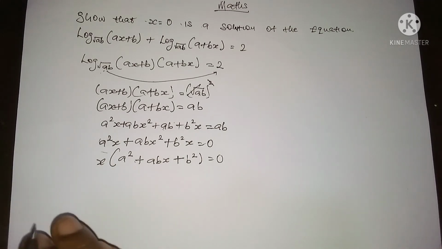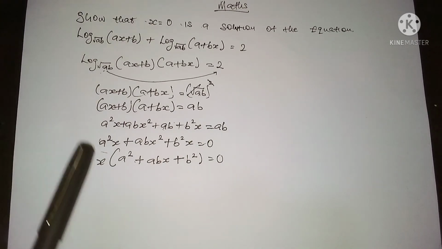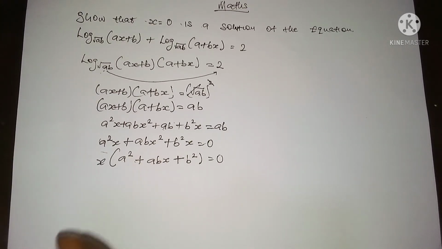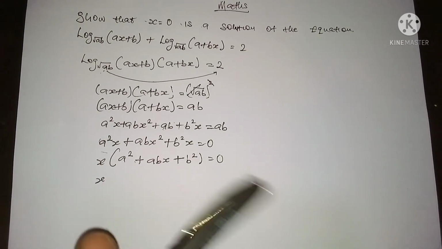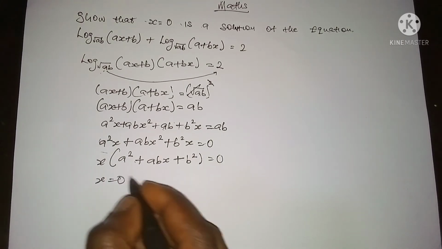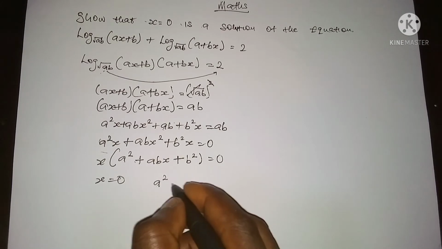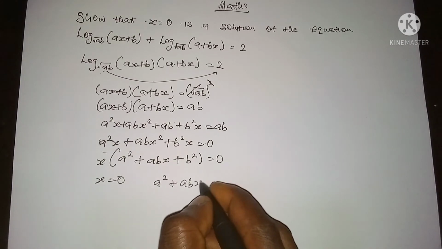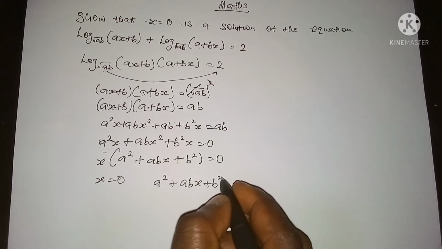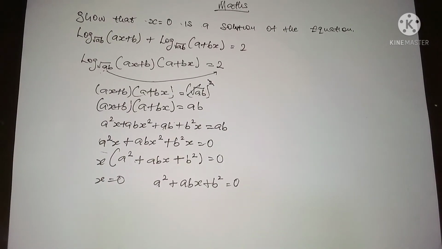Now, in this case, we have just proven that x equal to 0 is a solution to this problem, because we have x equal to 0 and a squared plus abx plus b squared equal to 0.